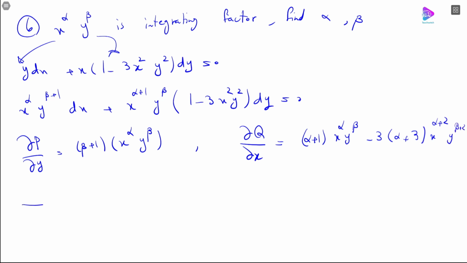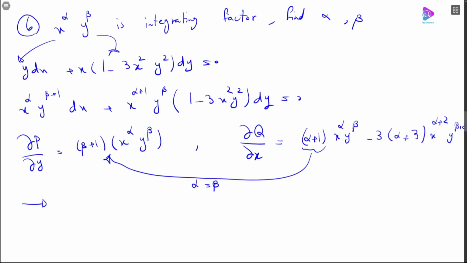So from here you can see alpha plus 1 should be equal to beta plus 1. From here you can say alpha is equal to beta, but I don't have any other term like this here, so this is basically plus 0.